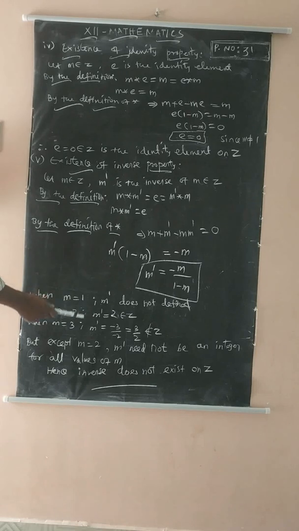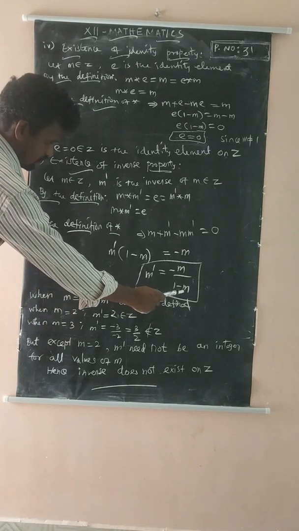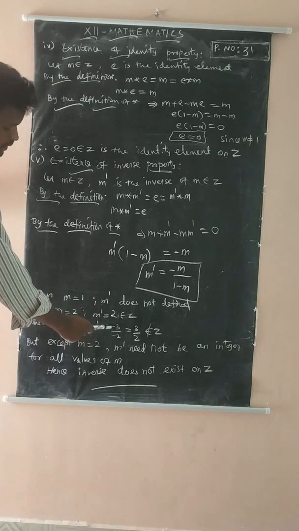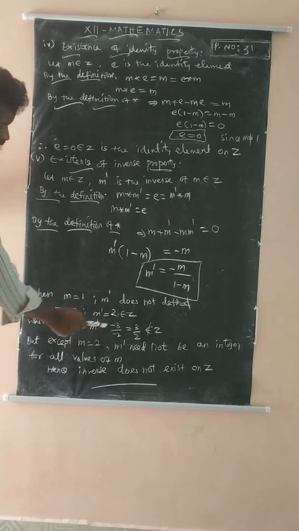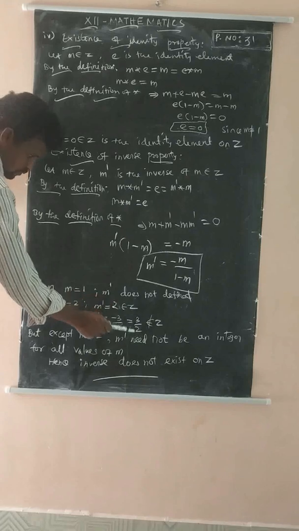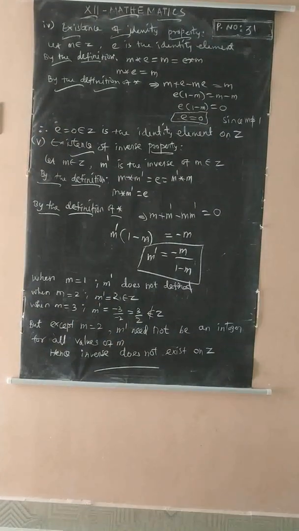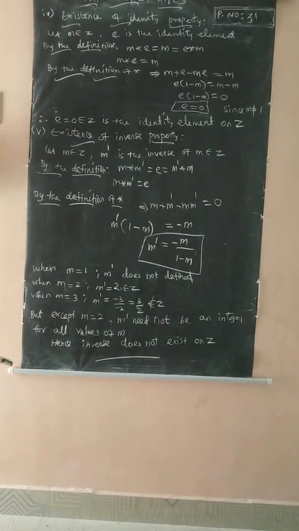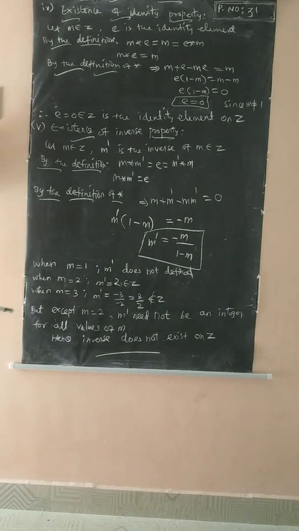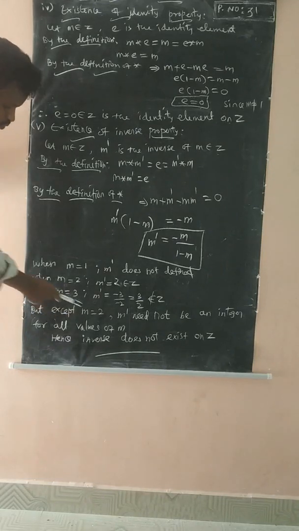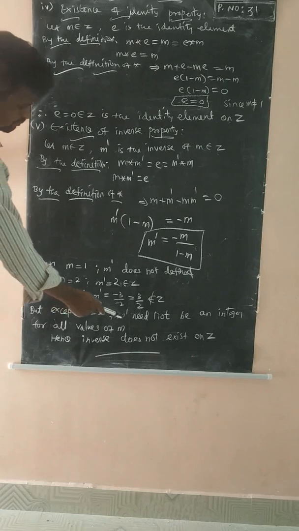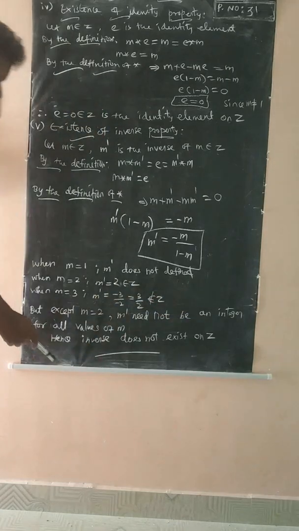When m equal to 3, substitute here. So minus 3 by 1 minus 3, which is minus 2. So minus 3 by minus 2, minus minus cancel. m dash equal to 3 by 2, which is a fraction, which does not belong to the integers Z. Okay. So except for m equal to 2, m dash need not be an integer.